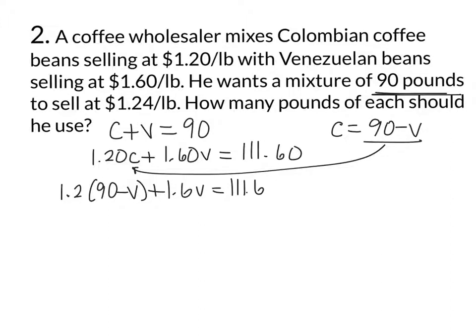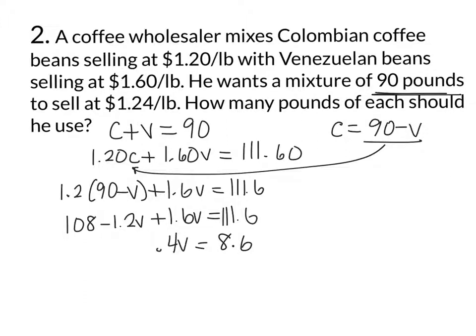So this would give me 108, I believe, minus 1.2V plus 1.6V equals 111.6. Okay, so I'm going to subtract the 108. And then 1.6V minus 1.2V gives me 0.4V.